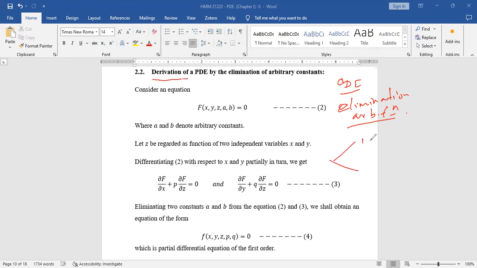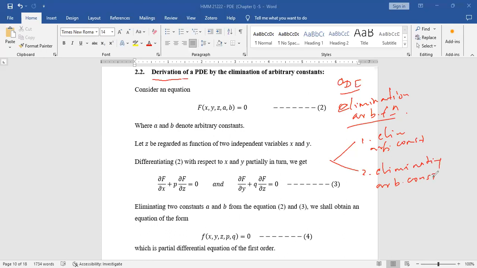One is by eliminating the arbitrary constants. This is our first method. Second method, if you have arbitrary functions, by eliminating arbitrary functions.